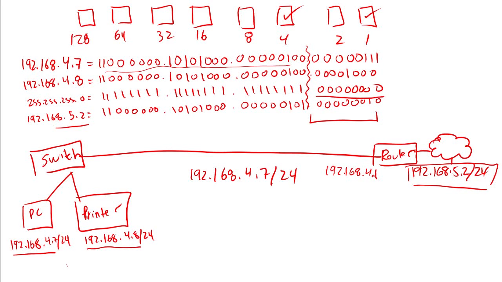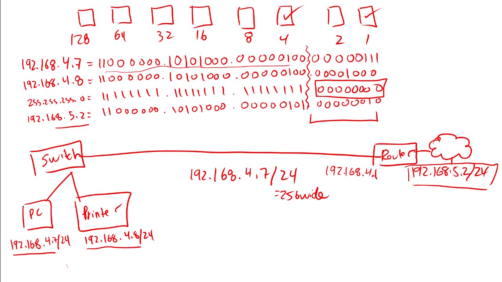So this piece right here is 256 wide. But how do you know the network ID? Because I didn't give you the network ID. I just gave you 4.7. How do you know where it starts and where it ends? And the answer to that question is you have a subnet mask.